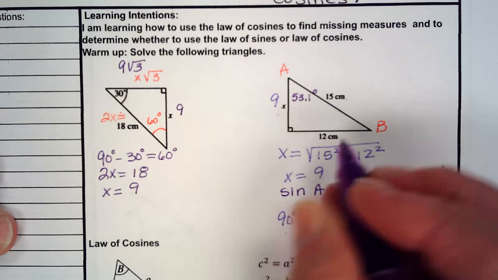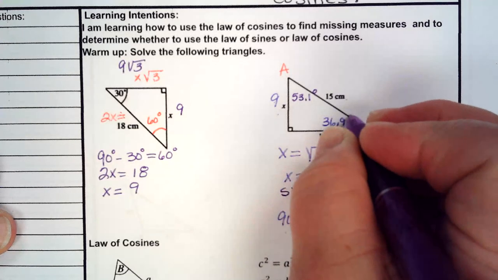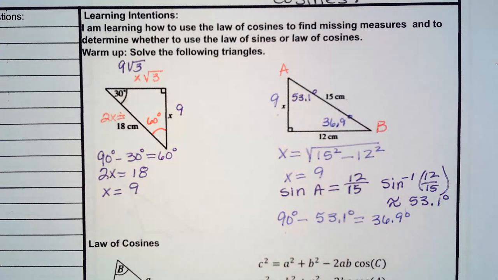And this is the measure of angle B. So, you could have used sine, cosine, or tangent again for angle B. You can take 90 degrees minus, or you can take 180 degrees minus the sum of 90 plus 53.1. Whichever way you see it, you're always using your strengths to find the answer.